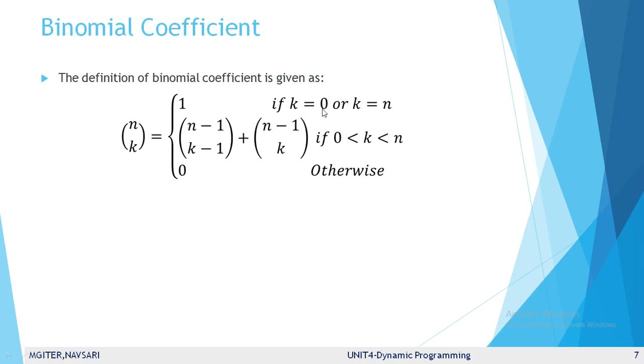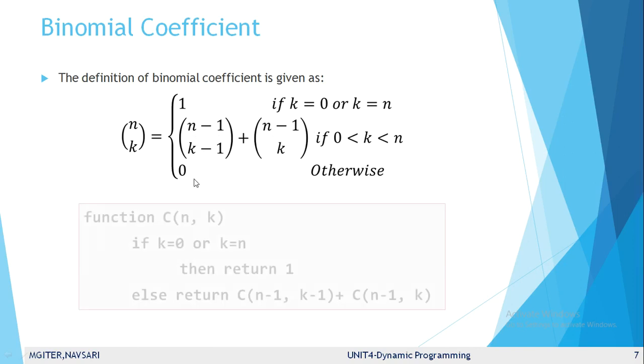Now this is the formula for computing the binomial coefficient. If k equals 0 or k equals n, then it gives 1. If k is greater than 0 and n is greater than 0, then it gives C of n minus 1, k minus 1 plus C of n minus 1, k. Otherwise it gives 0.